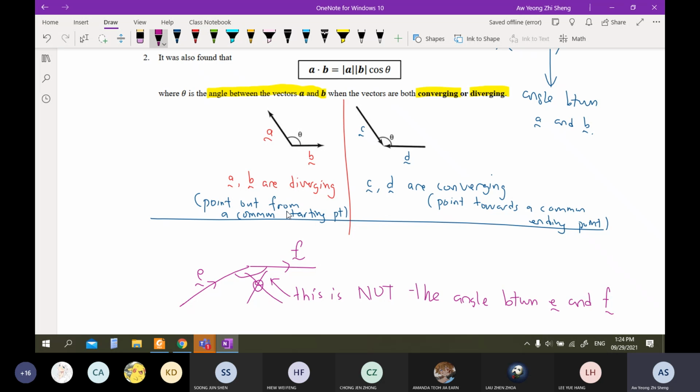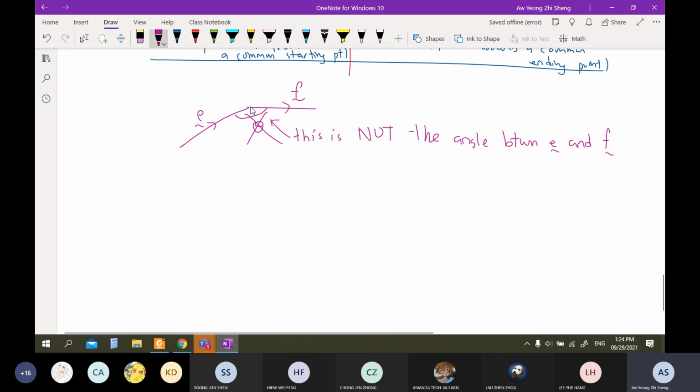So if the question still wants to ask about the angle between vectors E and F, what we should do is we move one of the vectors such that they become diverging or converging. Remember, vectors are free. Vectors can always be moved around.